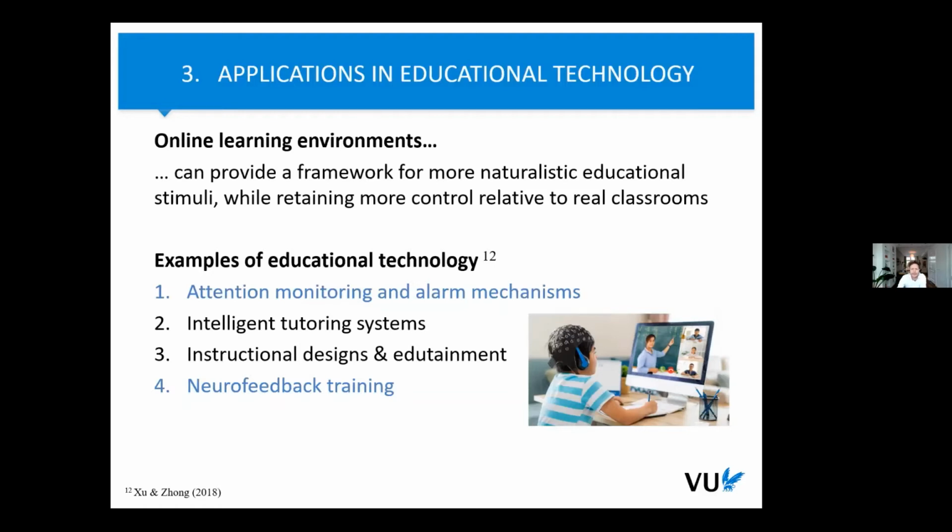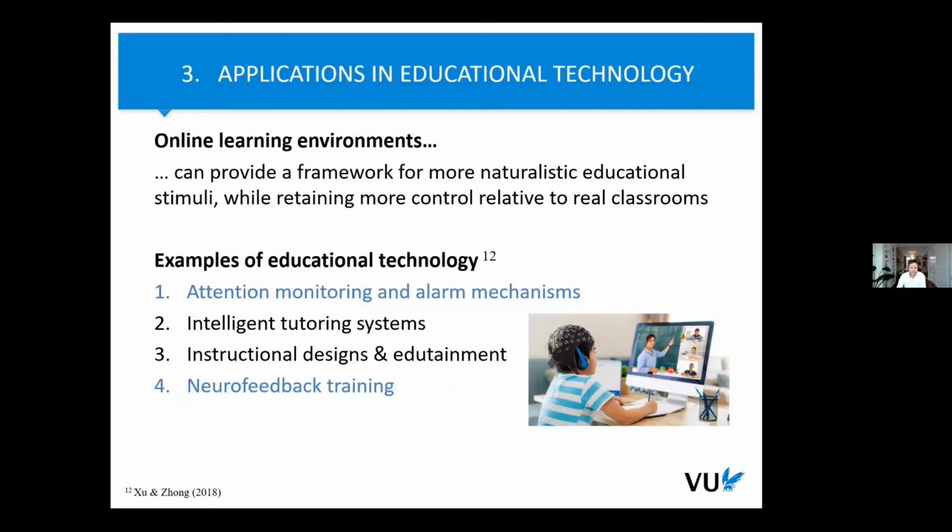Okay. So they discuss 4 examples of educational technology: attention monitoring and alarm mechanisms in schools, intelligent tutoring systems, instructional design and edutainment research, where edutainment stands for educational entertainment, and neurofeedback training.